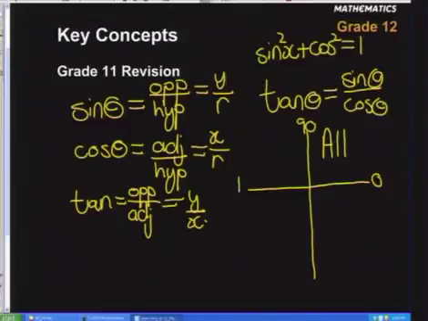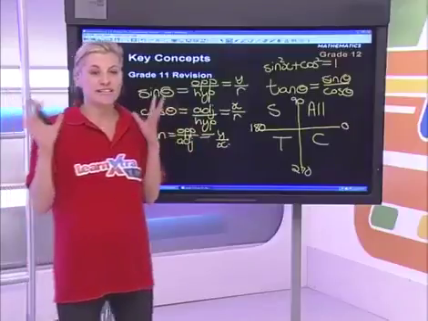From 90 to 180, that is our second quadrant, and the only trig ratio that is positive in the second quadrant is sine. Then the third quadrant is tan only that's positive, and in the fourth quadrant, it is cos only that's positive.